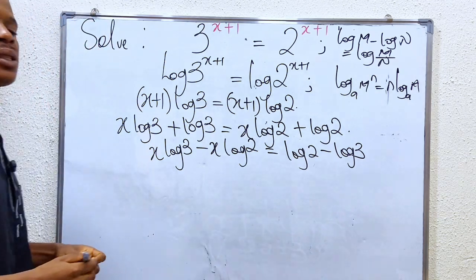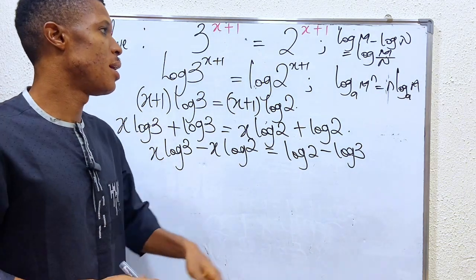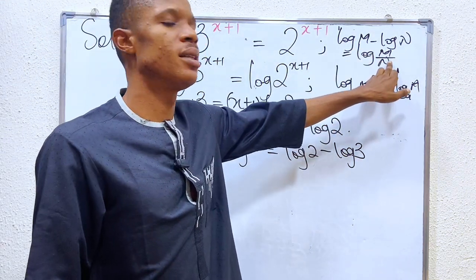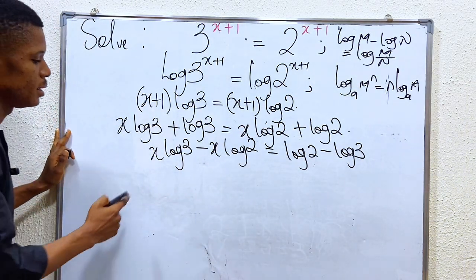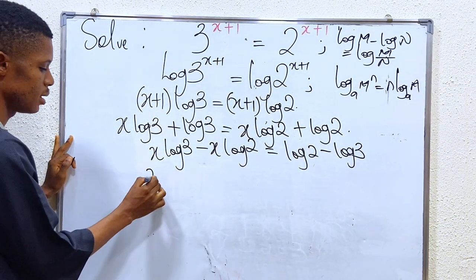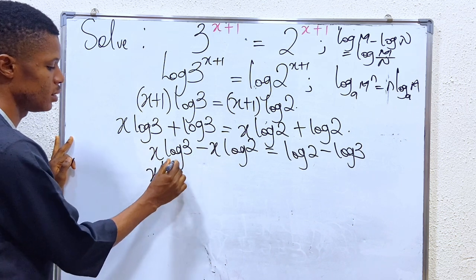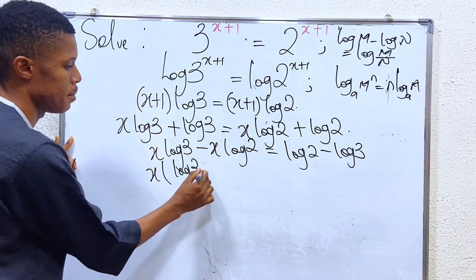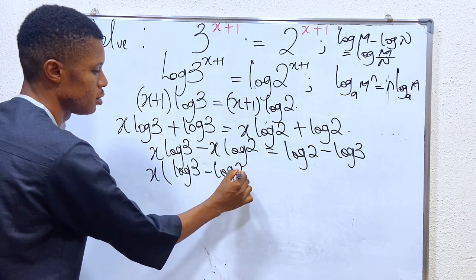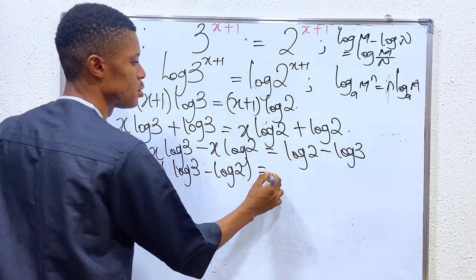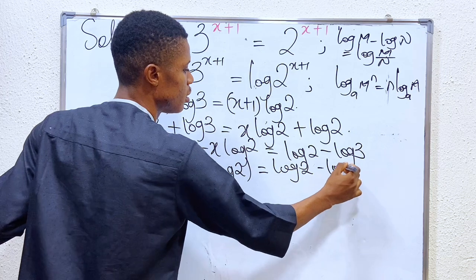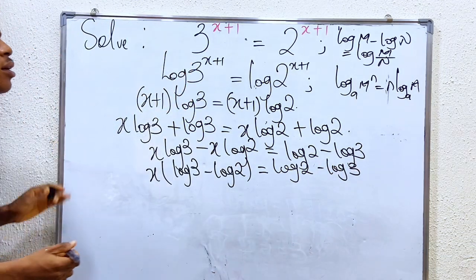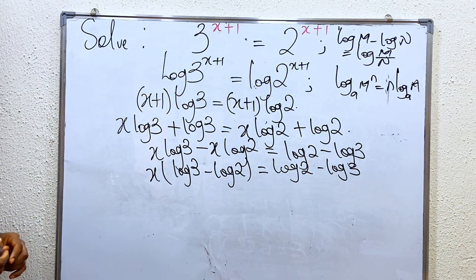That's when you are subtracting logarithms in the same base, you divide the numbers in a single log. But first let's factor out x. We are left with x times (log 3 minus log 2) equal to log 2 minus log 3. Okay? So that's what we have here.